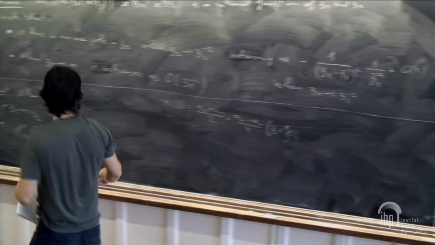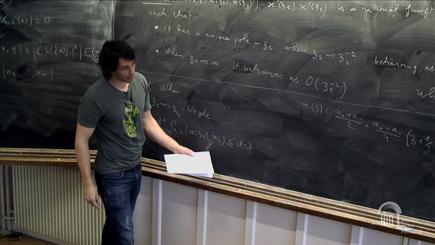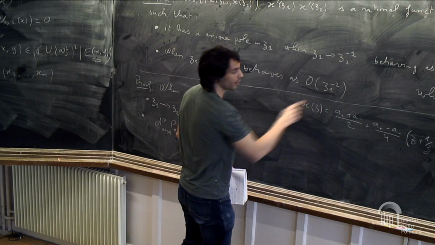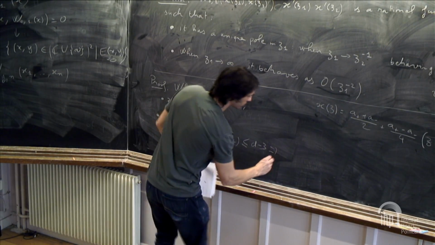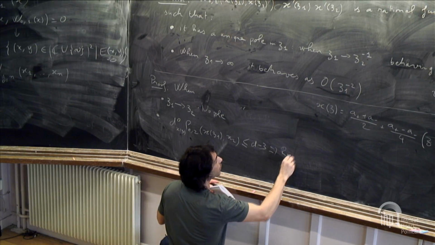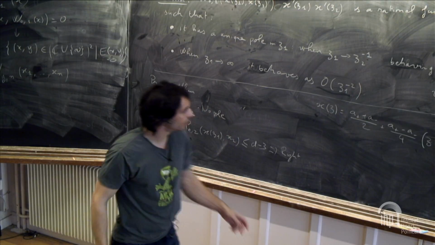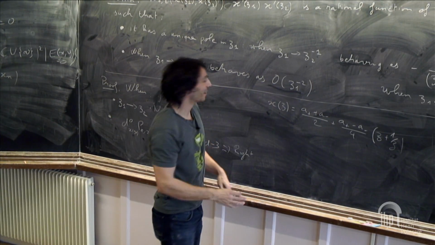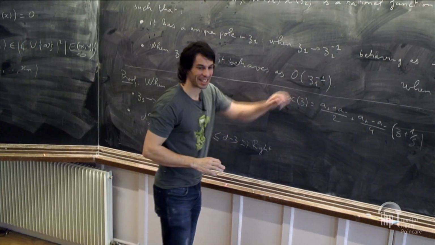So we're done. We've got something which is a polynomial of degree at most d minus 3 divided by something of degree d minus 1. Gives us the right behavior. Sorry? Yeah, but it's, okay. Yeah, if I want to stick to what I said, if I need minimal information, yeah.